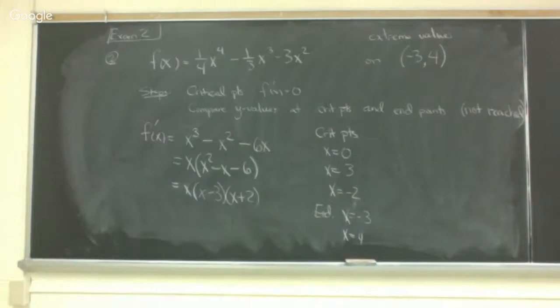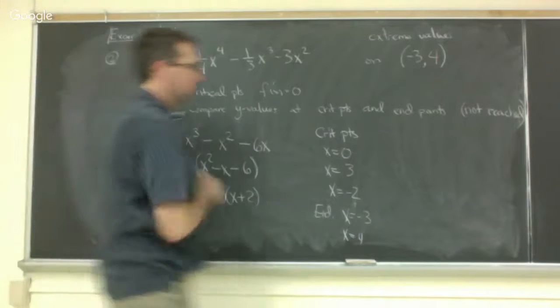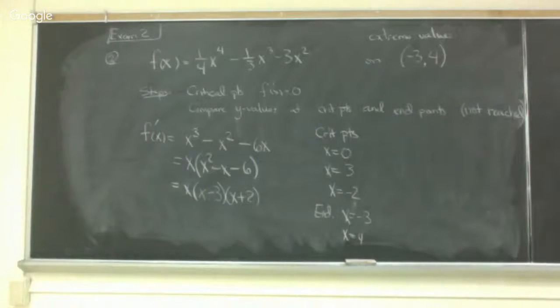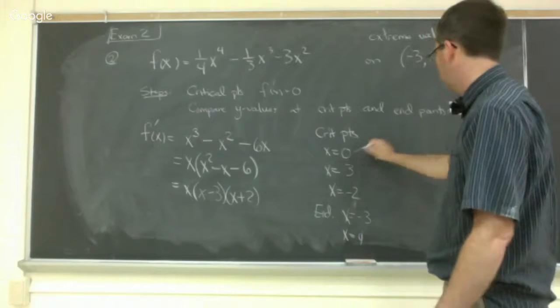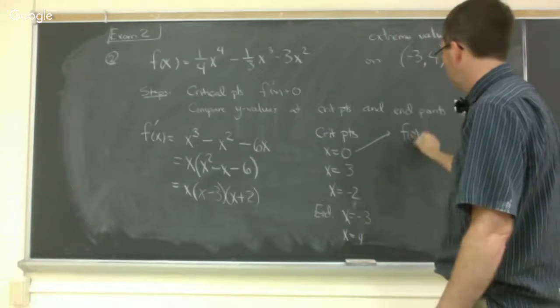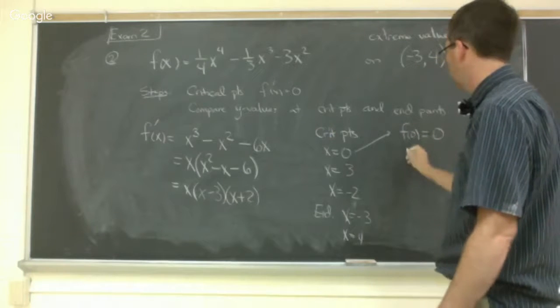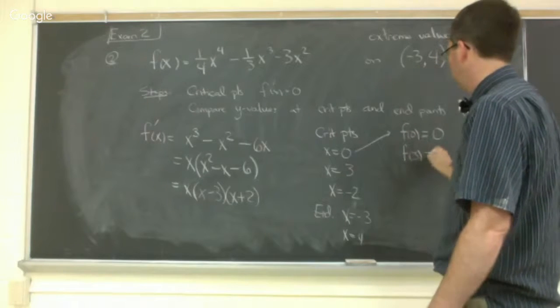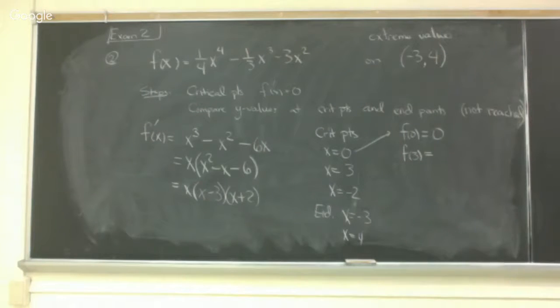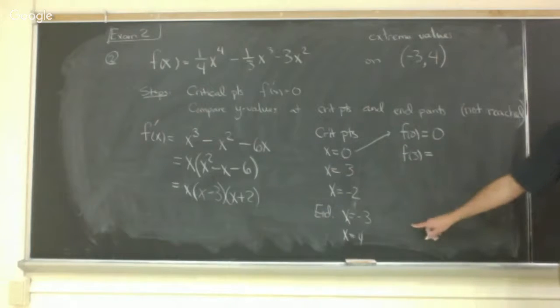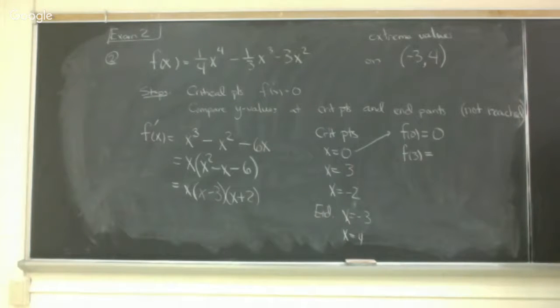So how do I check the y values? I just plug all those things into the function f. Now this is probably going to slow us down a little bit if I do this all. f of 0 is going to be 0. f of 3, I can't remember what the numbers were. Do you have the solution there?